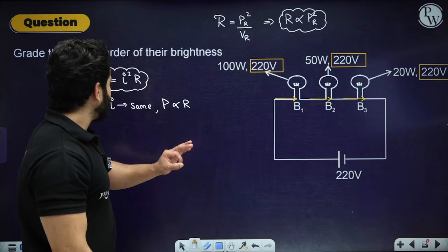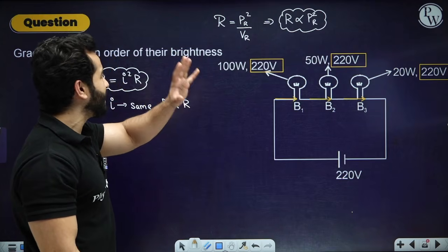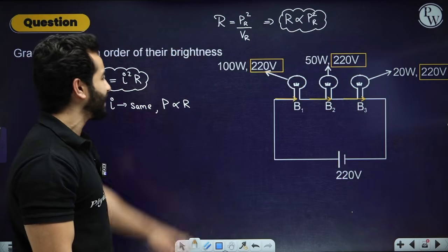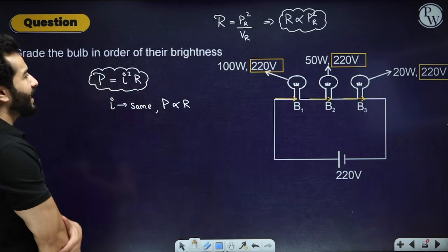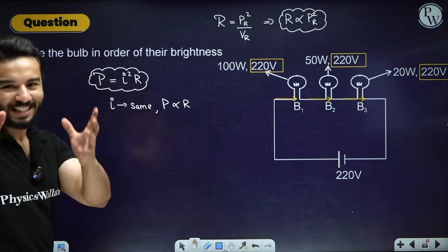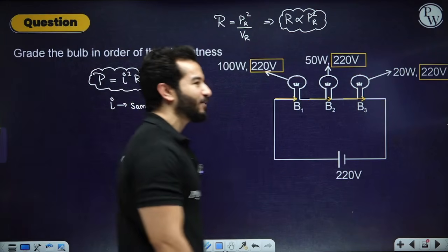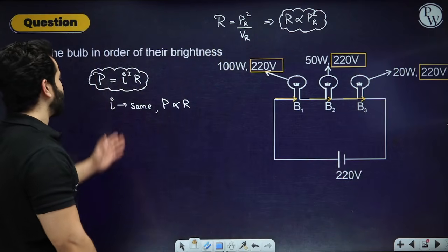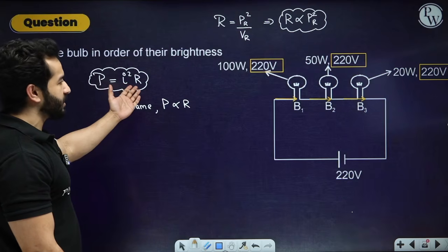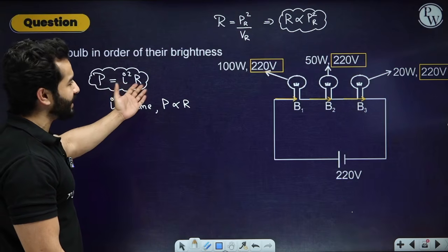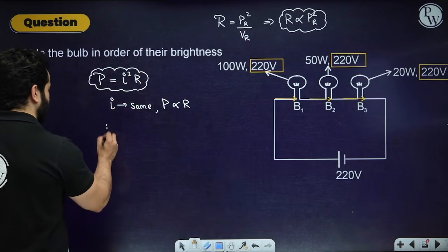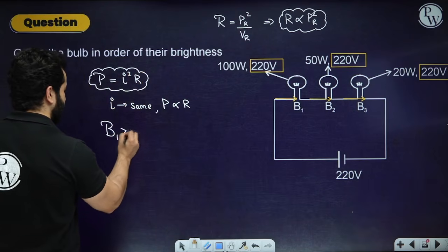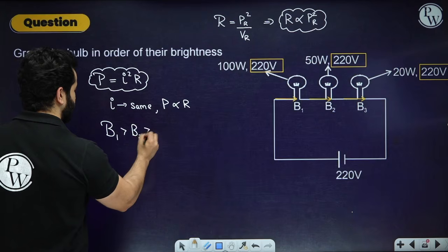So the bulb which has got the highest rated power will glow the brightest. Is that clear? Sorry, this is a recorded session, but quickly write down if you have any doubt in the comment section, right? So with this information, we'll simply say that the bulb which has got the highest resistance will glow the brightest, and that means B1 will glow the brightest, then comes B2 and then comes B3.